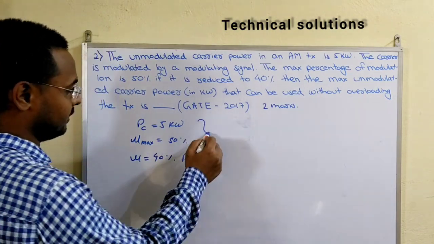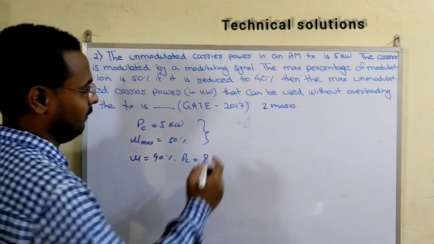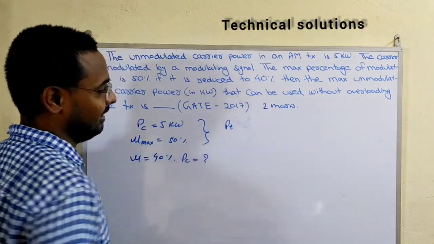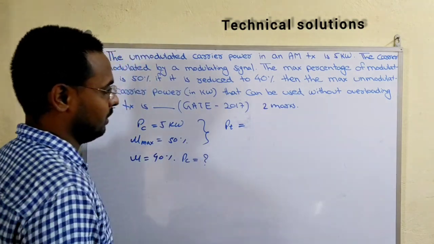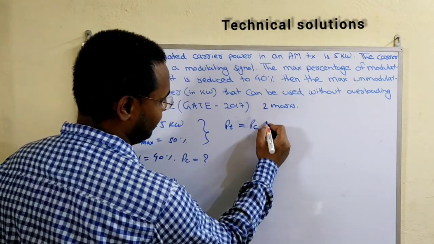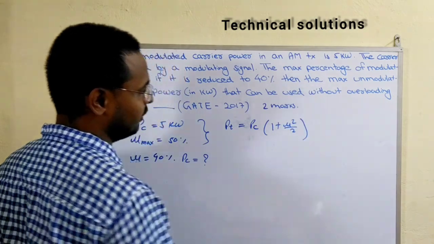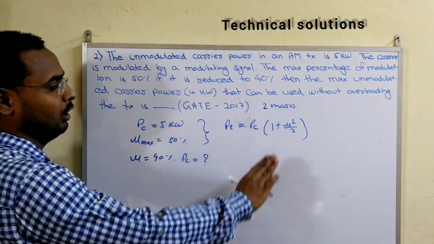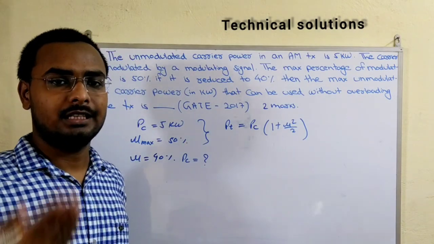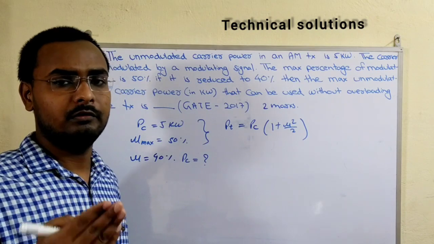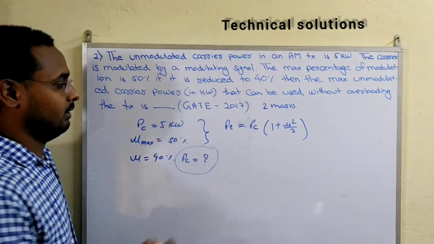With the help of these two expressions, PC and mu max, we can find PT. Why? Because PT is PC into 1 plus mu square by 2. And if we know our transmitted power, then for the next value of mu, we can easily find the value of carrier power.